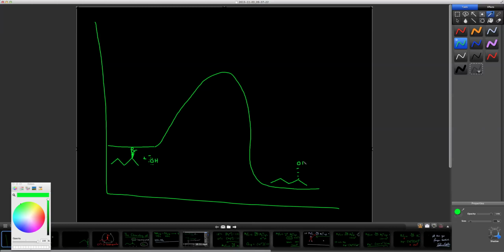Of course, I'm showing the stereochemistry inversion. In the transition state, so here's our electrophilic carbon.